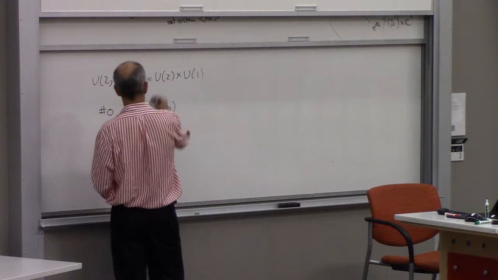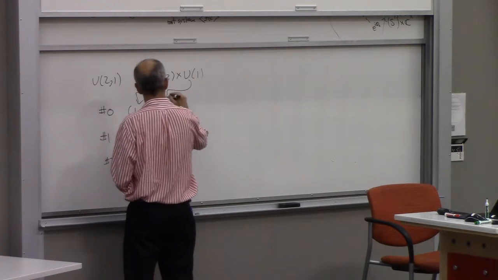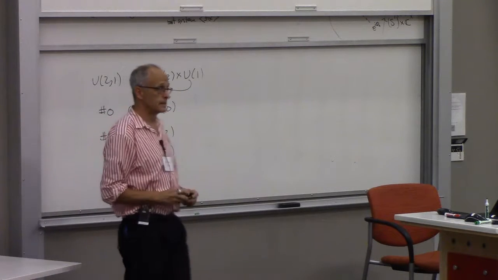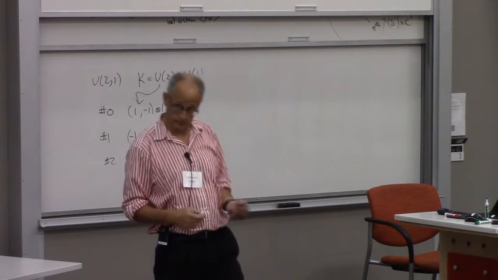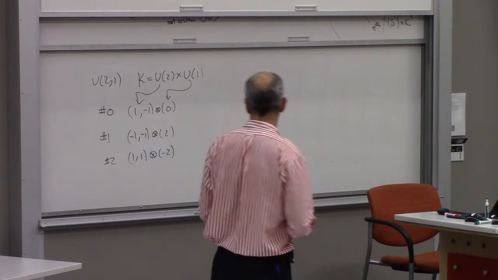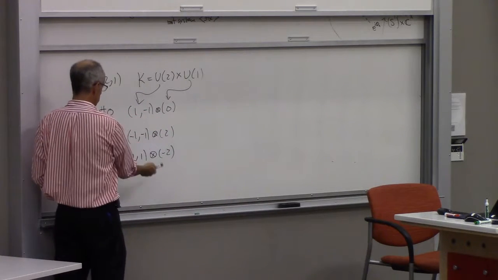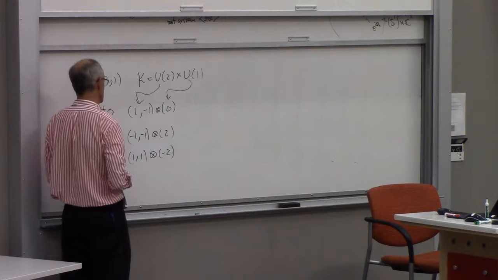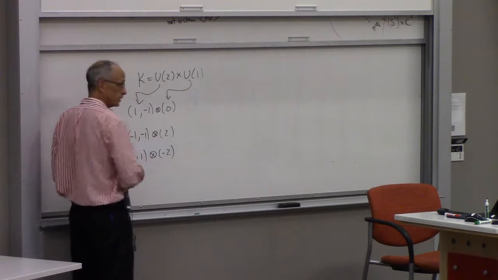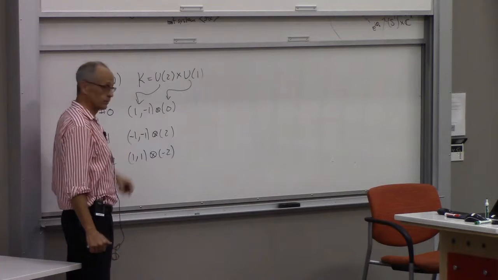This is on U(2) cross U(1). Those are the lowest K types. And notice, these are one-dimensional. The dimension of our K type of U(2) is the difference of the coordinates plus 1. So this is three-dimensional, one-dimensional, and one-dimensional.